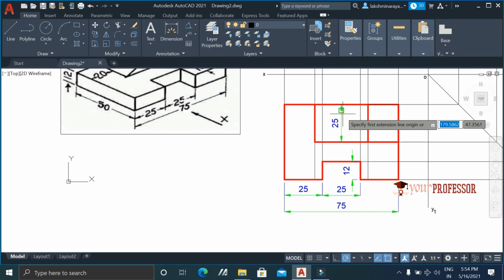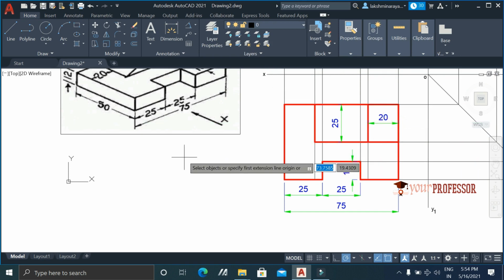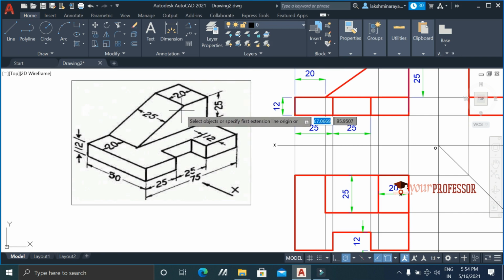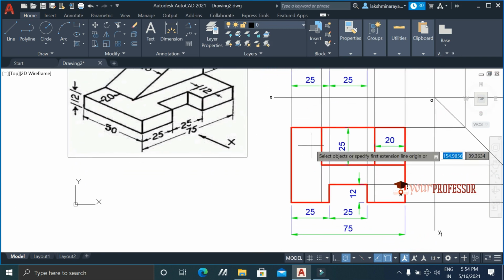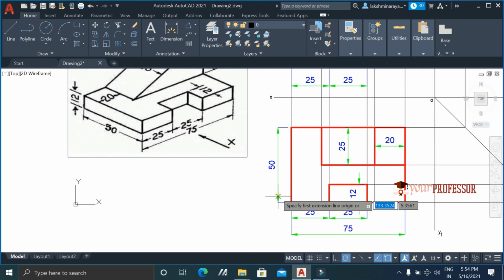This distance is 25 mm. This thickness is 20 mm. Here I represented as it is given, 25, 20, and the complete width is 50 mm. So this is the top view.